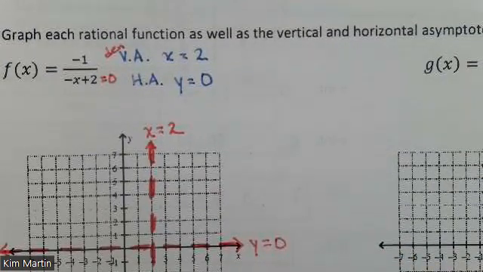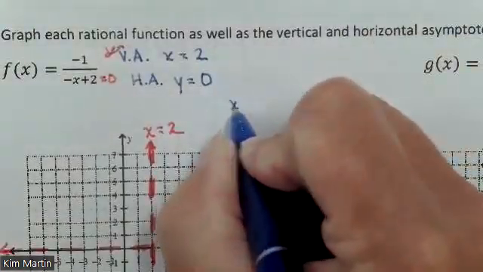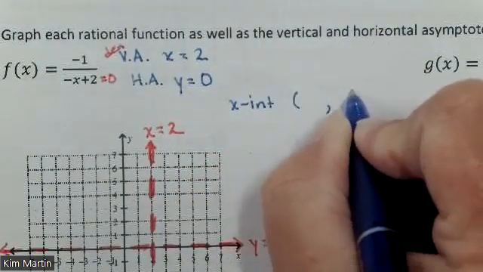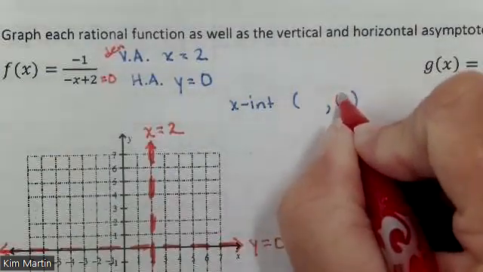Questions on those 2? Other points that we need to know how to do are x-intercepts and y-intercepts. What do we know about all x-intercepts? Y is equal to 0. Very good.